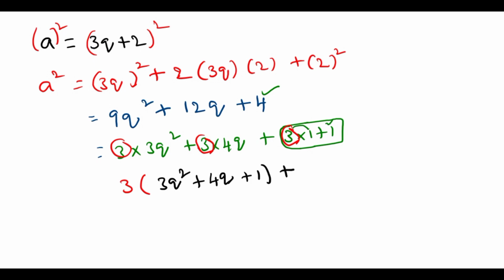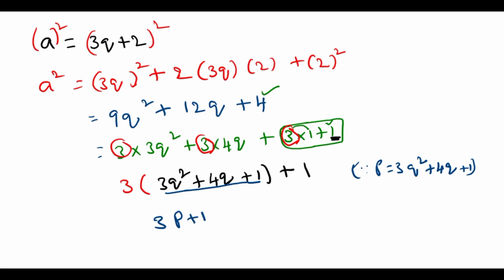Don't get confused here. Now this complete part I am going to take as p, then I will get 3p plus 1, since p is equal to 3q square plus 4q plus 1. So finally, again we got a square in the 3p plus 1 form.